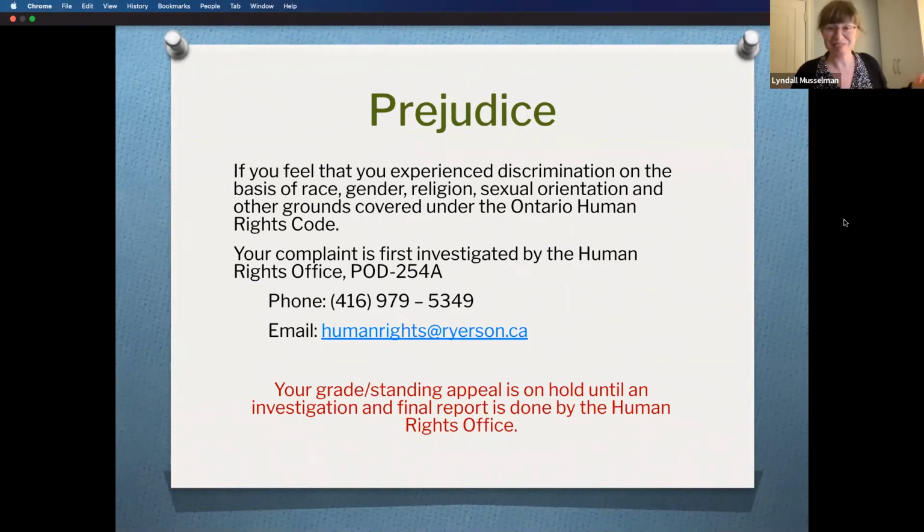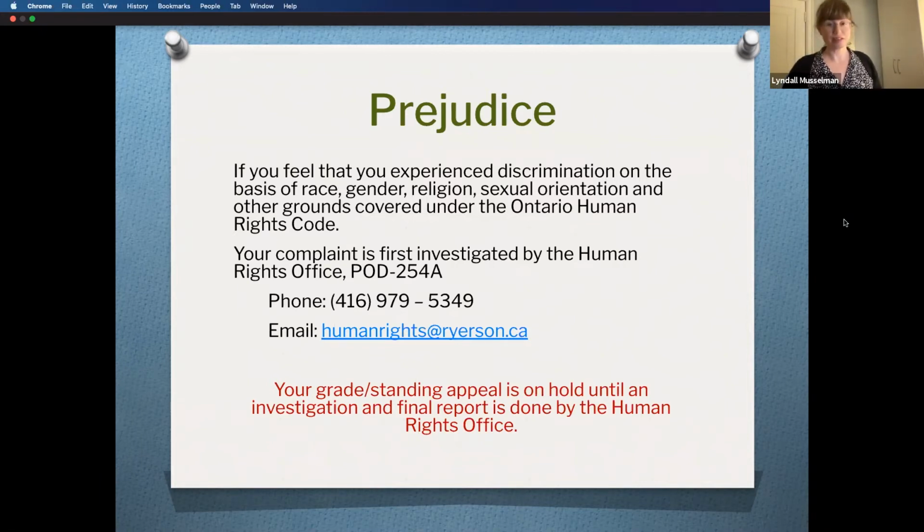There are many of those protected grounds. So just be aware that if you file a grade appeal or a standing appeal on prejudice grounds, there will be an investigation done by the Human Rights Office at Ryerson.